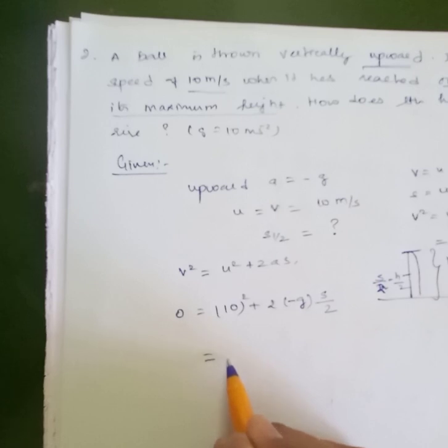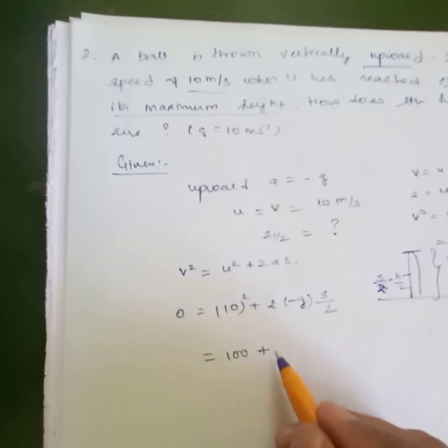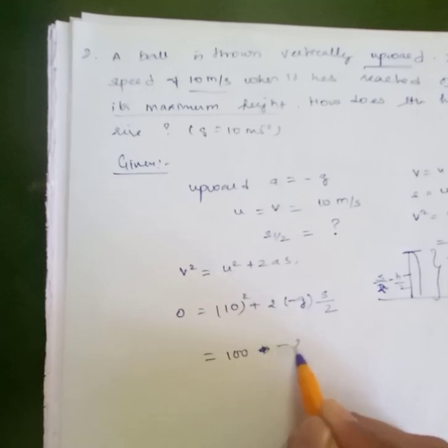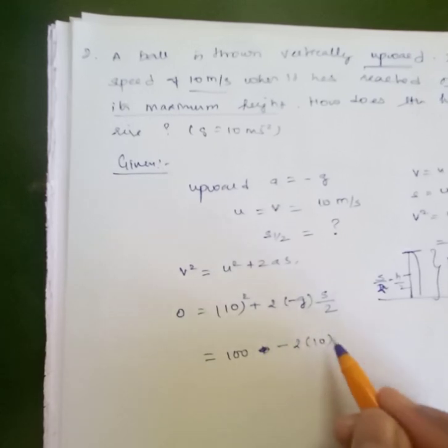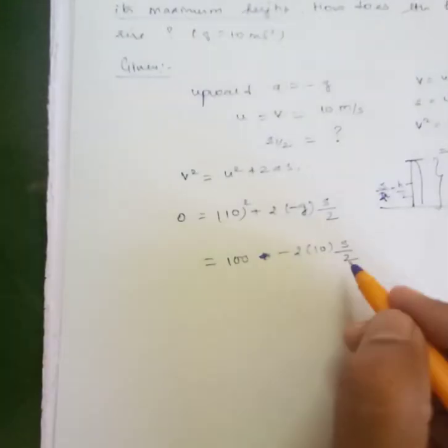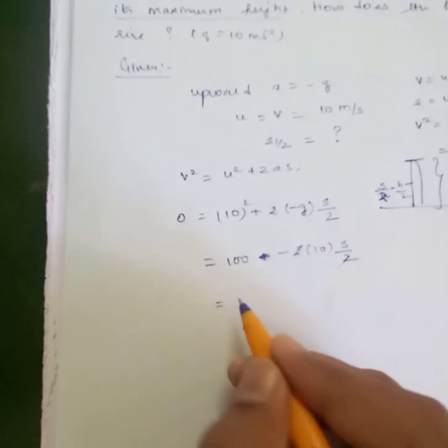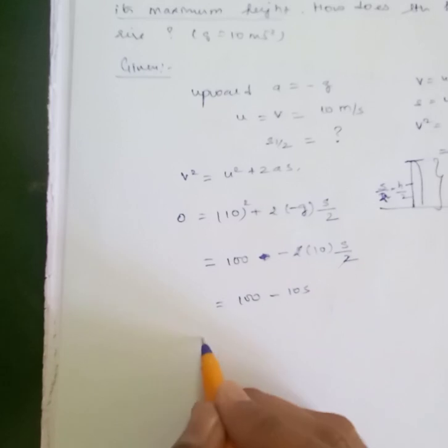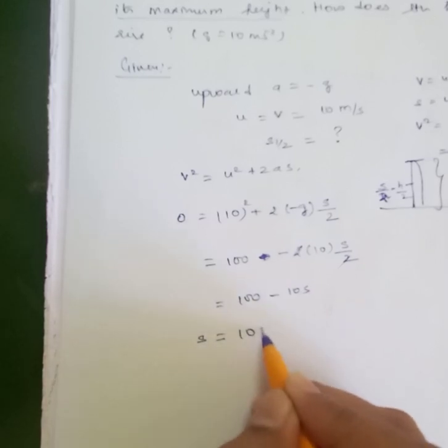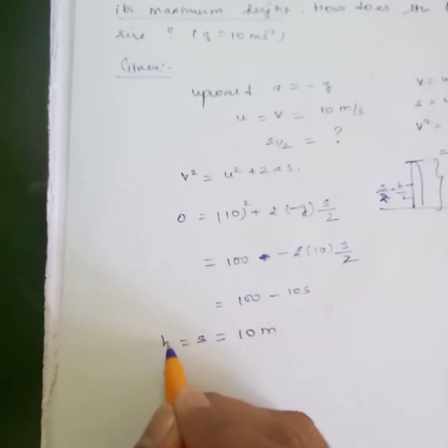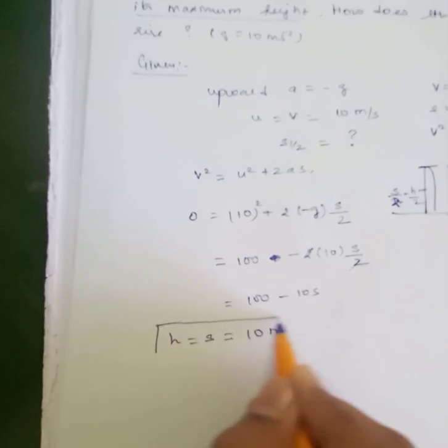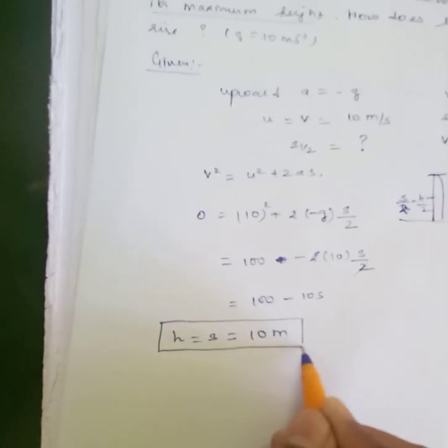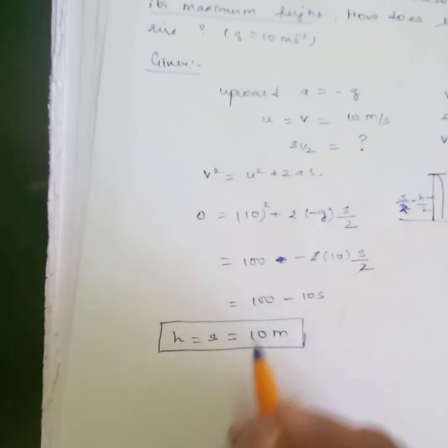Then it is 100 minus 2 into g 10, where s by 2. So 2 cancel each other, so 100 minus 10s. So from this, s is equal to 10 meter, or h is equal to 10 meter. This is the solution. Thank you guys.